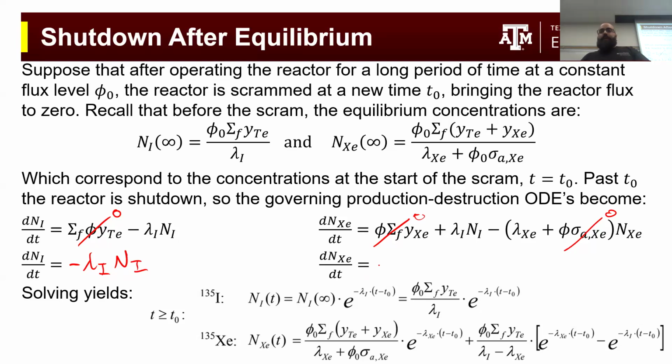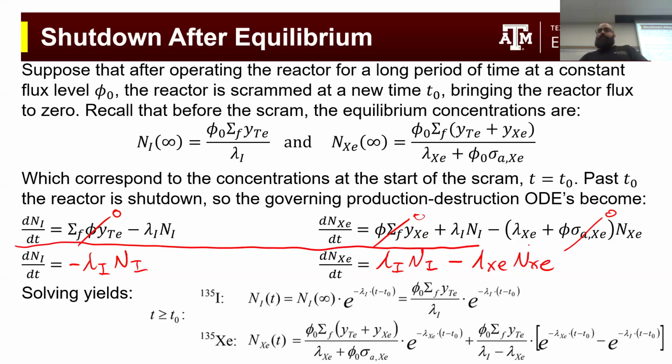And then for xenon, it's going to look like a positive lambda I n I minus a decay constant for xenon times a number density for xenon. So I'm going to have a lambda for xenon and a number density for xenon. These are what my differential equations now look like once I've shut the reactor down.